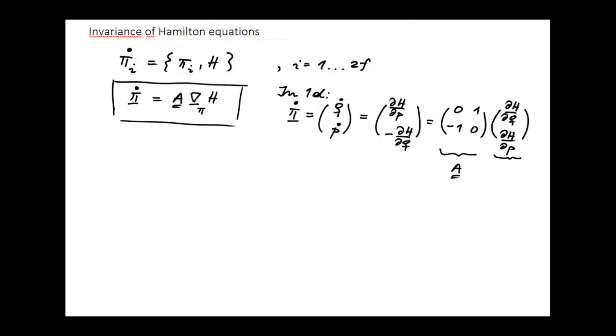So it's nothing but the gradient of the Hamilton function with respect to the phase space coordinates. And you can generalize that to arbitrary dimensions. So this is a compact way of writing the Hamilton equations in vector and matrix notation.